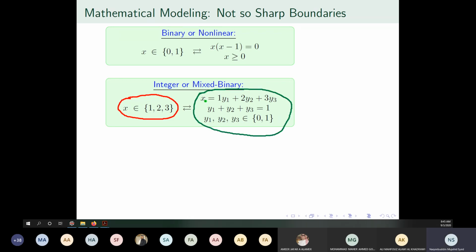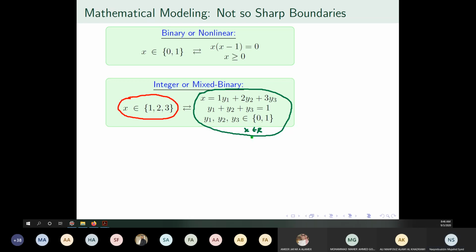Together, they ensure that the value of x here is also 1, 2, or 3. But the good thing here is x is no more an integer variable. In fact, here there is no restriction on x. That is, x could be unrestricted, belongs to R. But then we have 3 binary variables. So here you have 1 integer variable, on the other side you have 3 binary variables, plus 1 unrestricted variable.